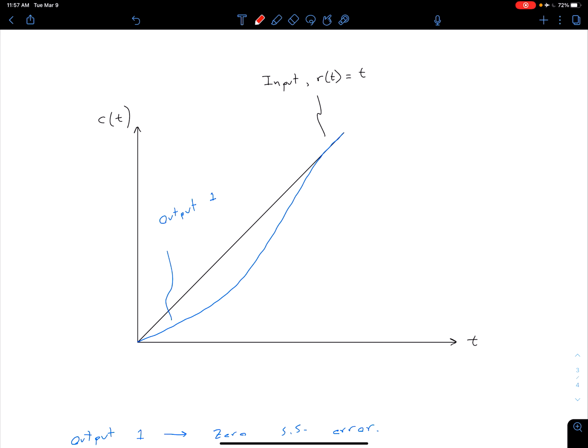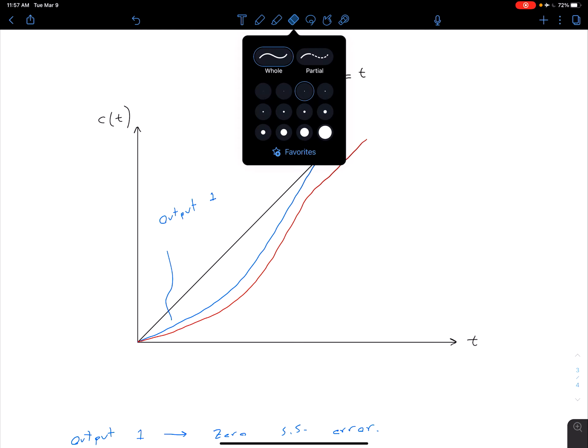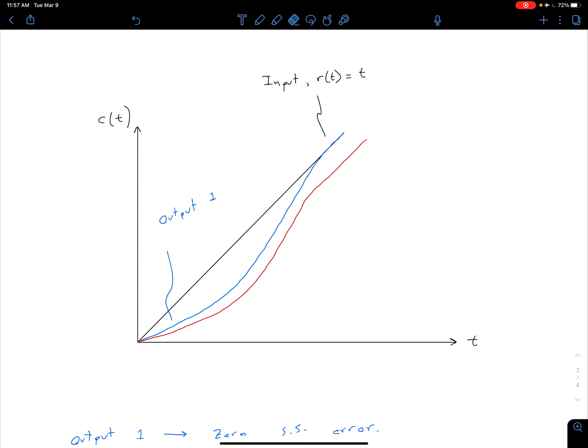So let's say we have another system which again sort of deviates at the start, and it starts coming back to our input, but it never really quite gets to the same point, but instead it just goes on in parallel. And so what I've tried to draw here is the red line parallel to our black line at the end, such that we have some finite error. So actually, let me erase part of this. Okay, so let's take off that bit there.